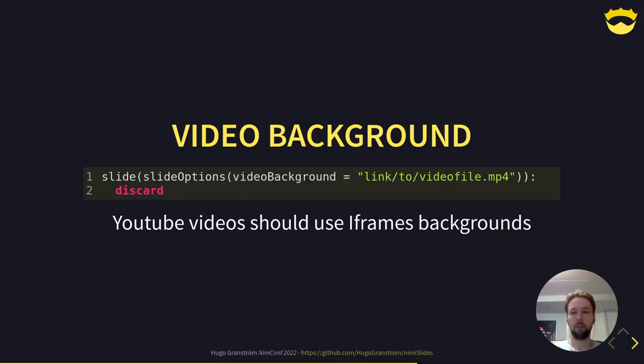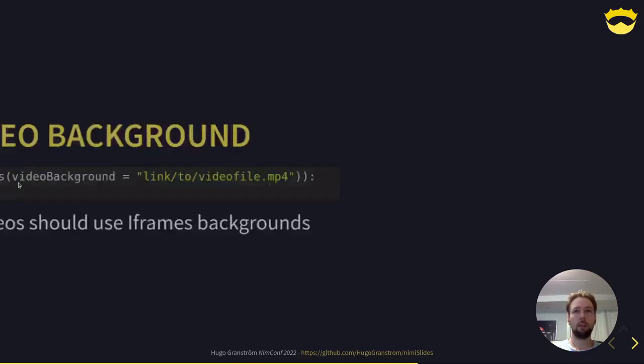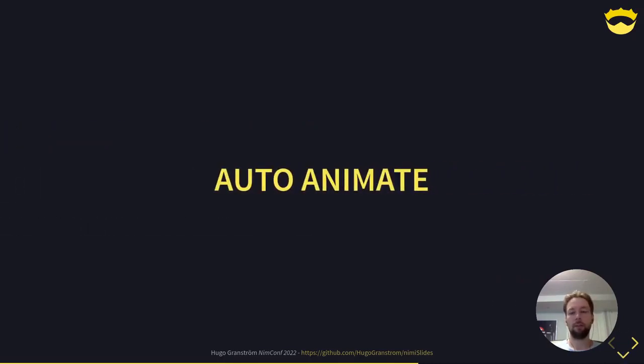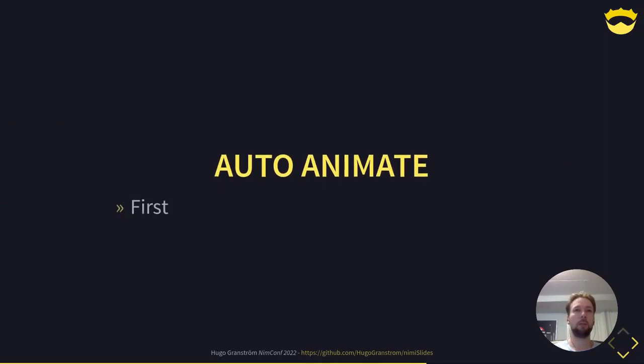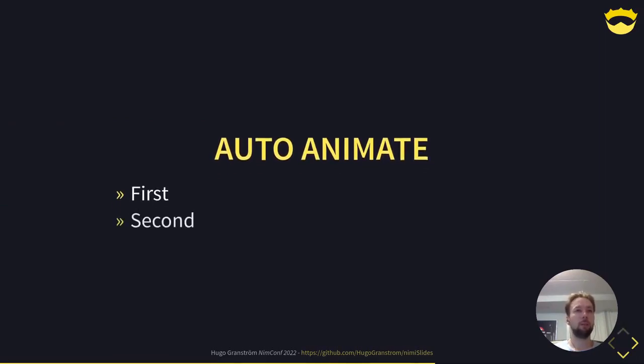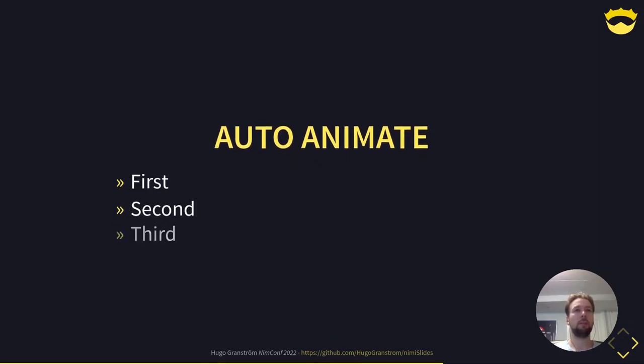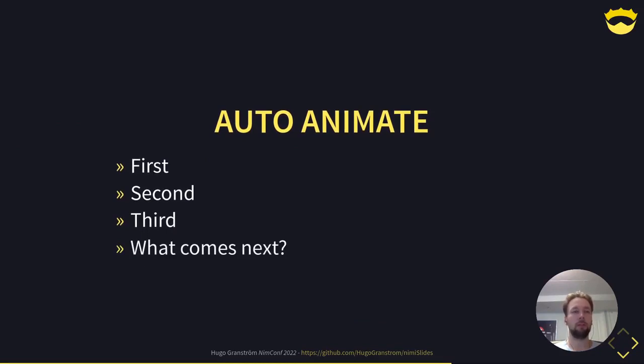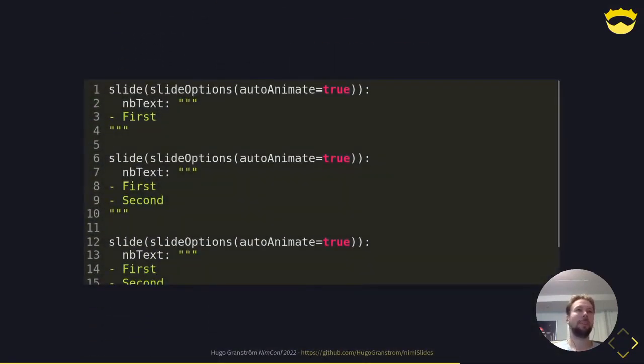And now, Auto-animate. And what this allows you to do is to do things like the following. You add a piece of text and then everything animates to make room for it. And you might have seen this previously in these slides, that I have used them quite a bit. And the way to use these is a bit complicated, but it involves slide options.